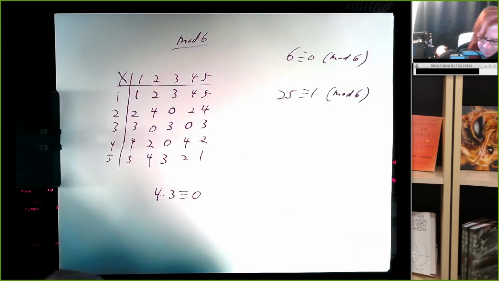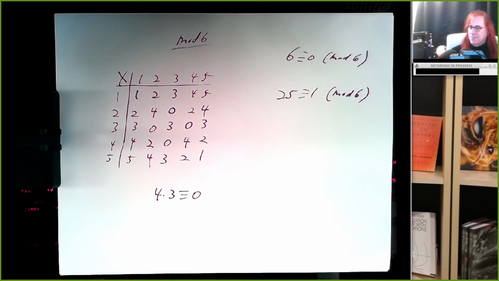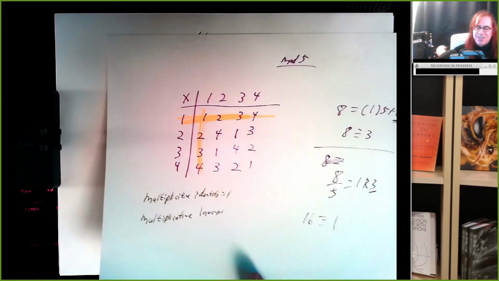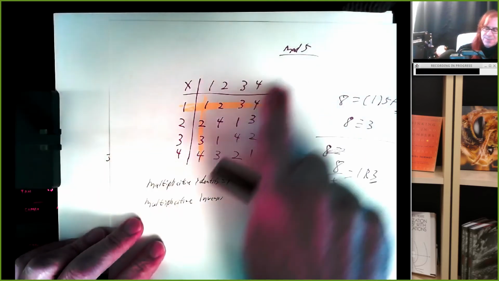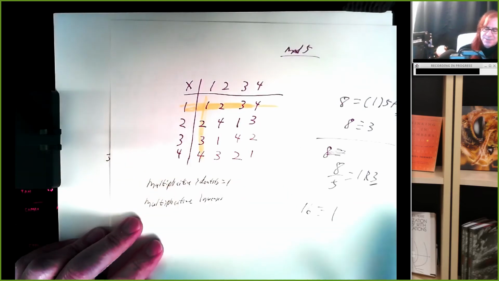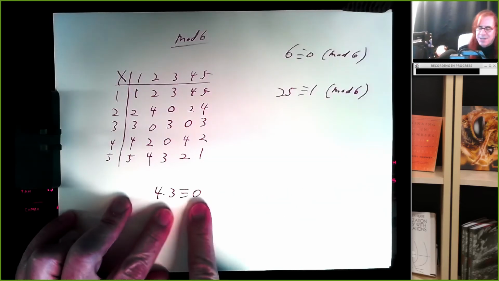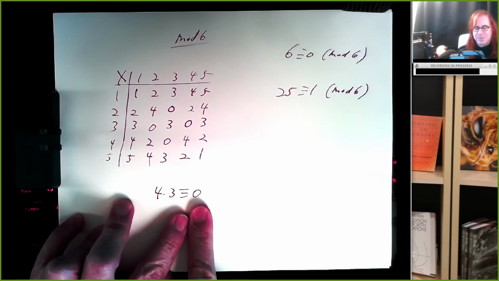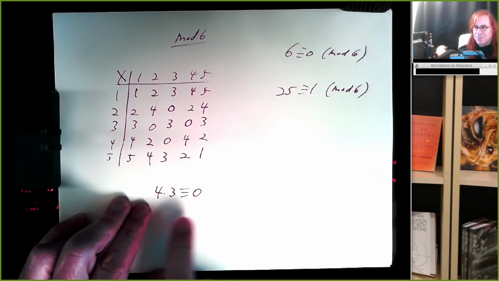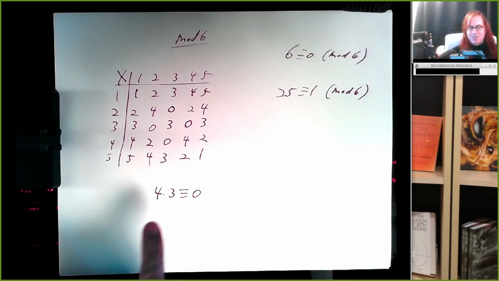Any multiplication of 2 non-zero numbers mod 5 gives us something non-zero. But here we've got 2 numbers that are different from 0. We multiply them, we end up with 0.